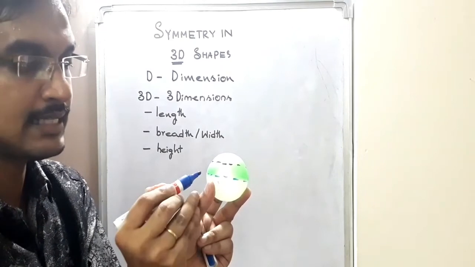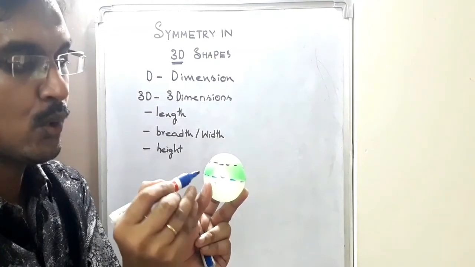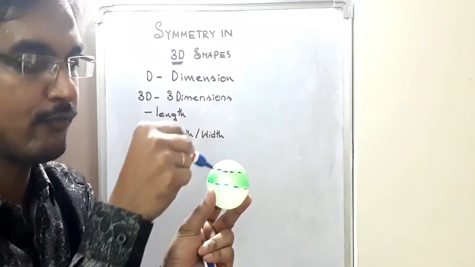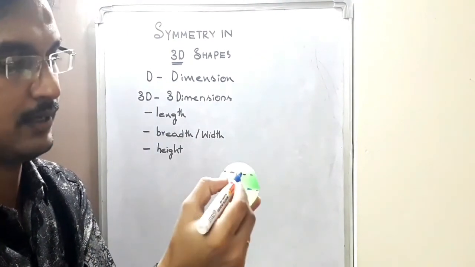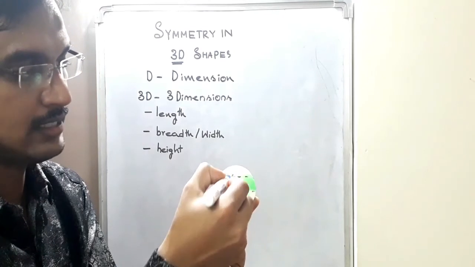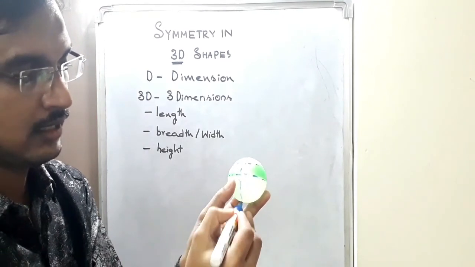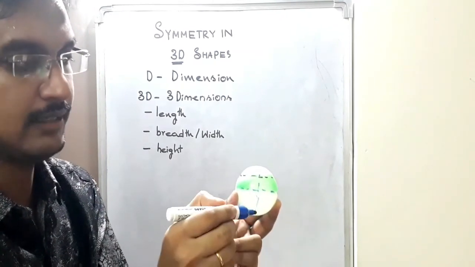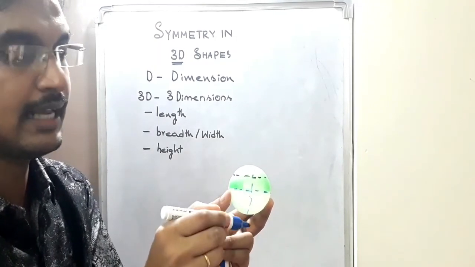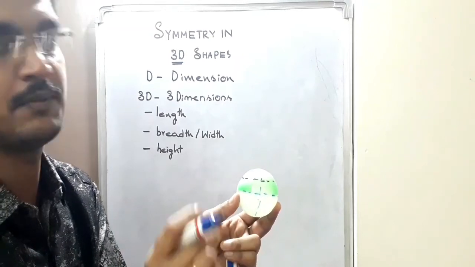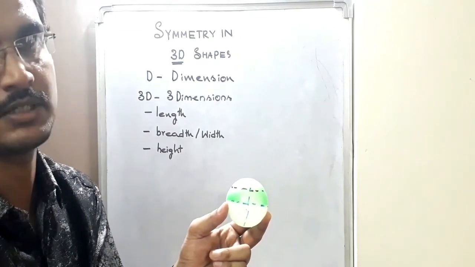So through this we can say that when we go around the center of any figure, then we will get the line of symmetry. And we can go horizontally also like this. If you cut the ball vertically like this, then also we can get the concept of symmetry for this kind of three-dimensional figures.